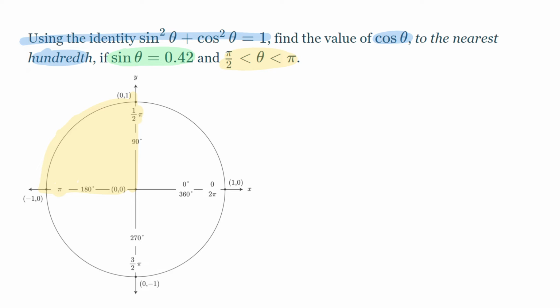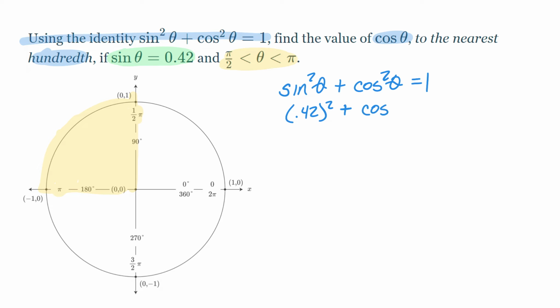All right, so we are going to do this exactly the same. We are going to set up our formula, which is sine squared of theta plus cosine squared of theta equals 1. We're using theta here; x and theta, they're both variables. We are still dealing with the unit circle. Well, they told us what sine was, it was 0.42.